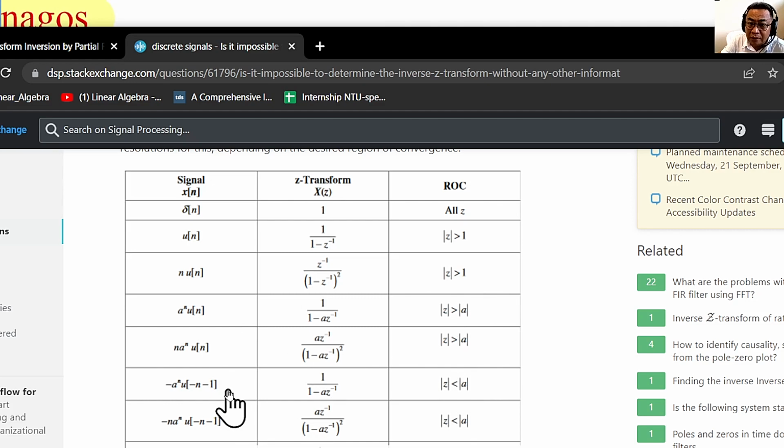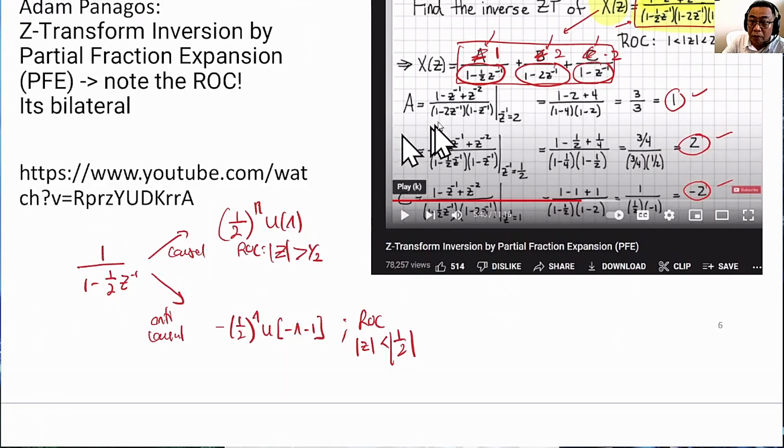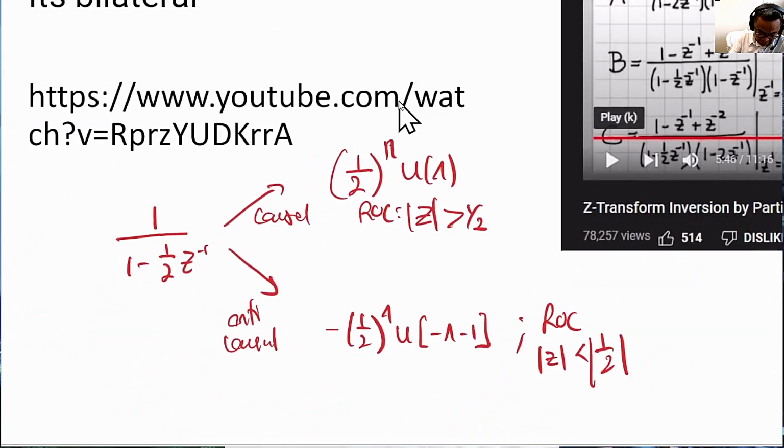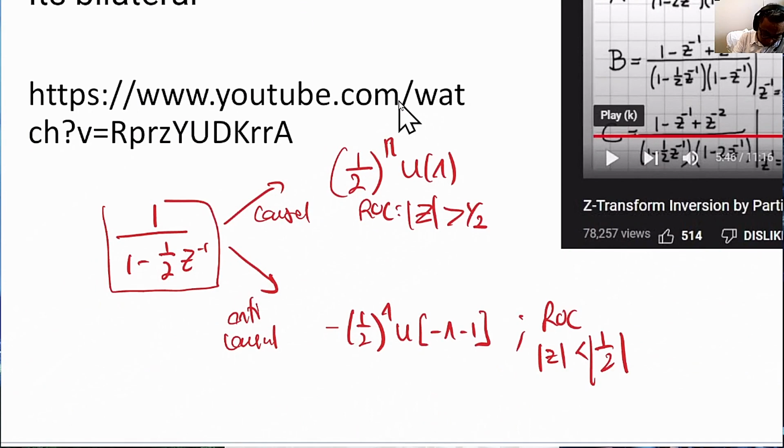So the key idea is that you must select the correct one. So I take the first expression, 1 over 1 minus half z^-1, and I write it here. If the signal is causal, then the expression looks like this: (1/2)^n u[n], with ROC |z| greater than half. If the signal is anti-causal, it is minus (1/2)^n u[-n-1], and the ROC will be less than half.